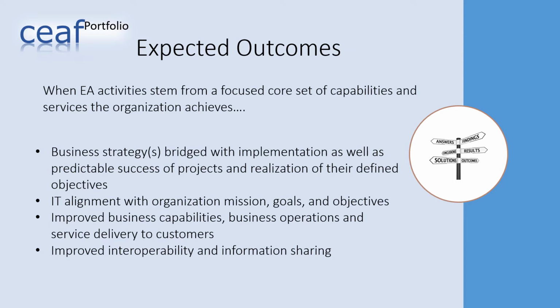Within the portfolio is a list of EA-centric activities that, when exercised, deliver the following outcomes: bridged business strategy with implementation, as well as predictable success of projects and realization of their defined objectives; greater IT alignment with organization mission, goals, and objectives; improved business capabilities, business operations, and service delivery to customers; and improved interoperability and information sharing.